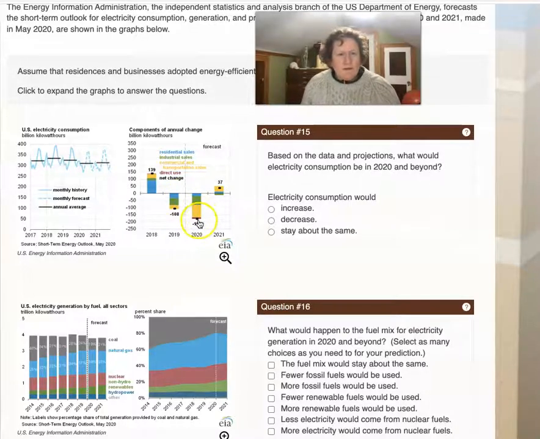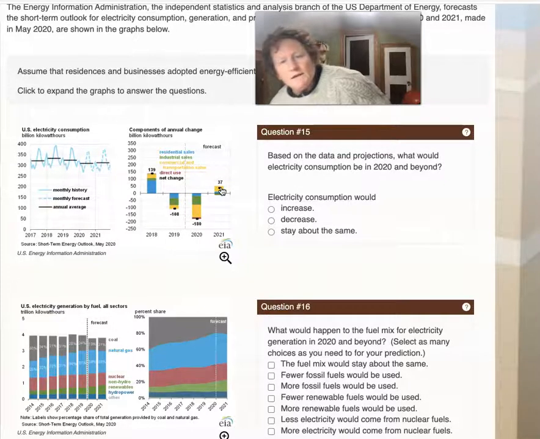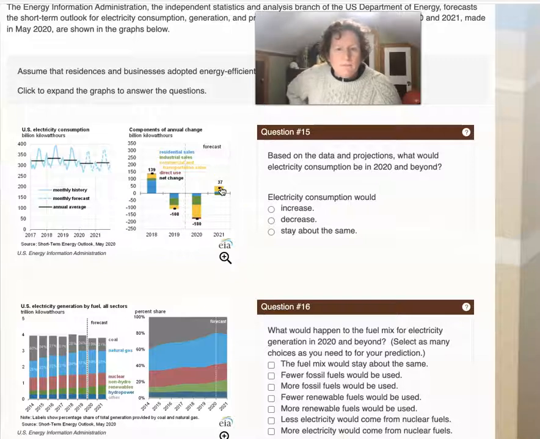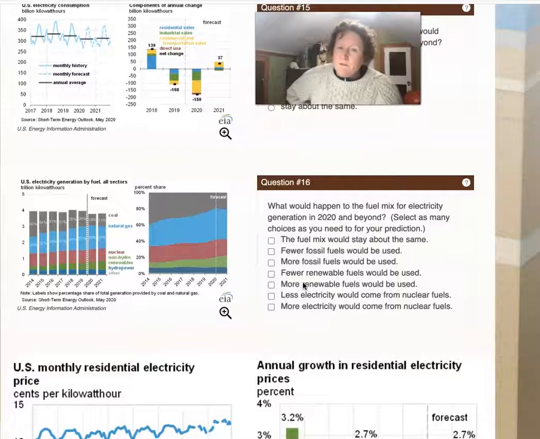So 2020 looks like it's going to go down a little bit, but 2021 it's going to go up, and I would bet as more and more people buy gaming systems and phones and computers and laptops, and TVs are a really big energy sucking device. And the bigger your TV, generally the more power it uses. So big TVs are awesome, but they also use a lot of electricity.